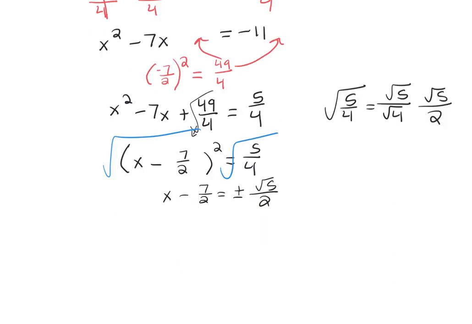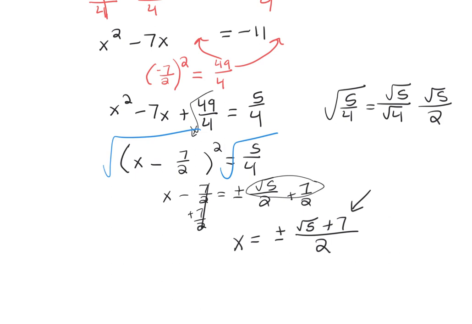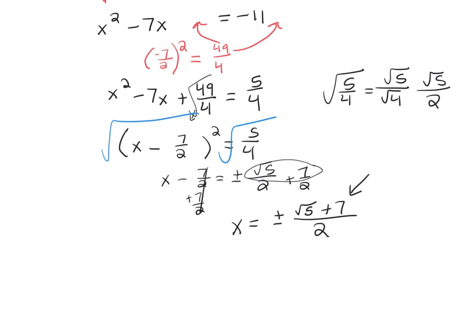Last step, add the 7/2 to both sides. So x equals plus or minus square root of 5 over 2, and with a common denominator, square root of 5 plus 7 over 2. That would be how you would leave your exact solution.